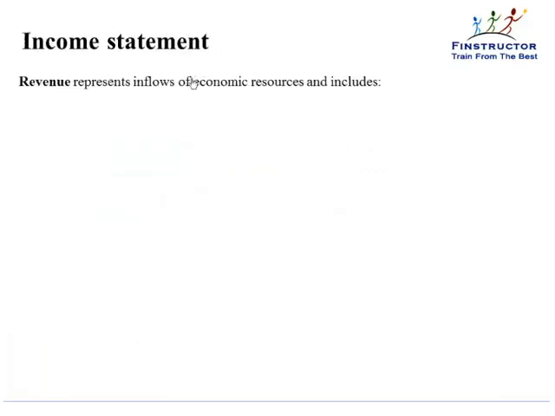The first 3 elements that we studied were related to the balance sheet. The next 2 elements that we will study are from the income statement, namely revenues and expenses. So revenues represent inflow of economic resources, broadly including sales, that are the revenues from the firm's core operations or day-to-day activities.